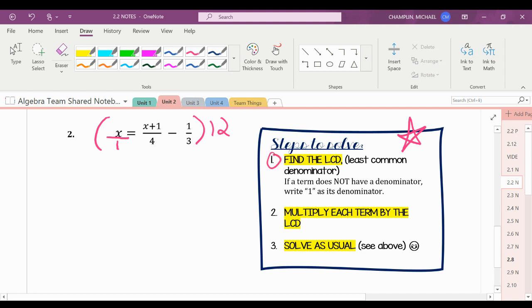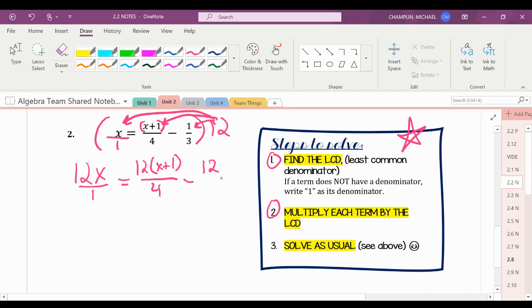So technically, I am kind of doing step 1 and 2 together. I'm going to multiply by 12. I'm going to distribute it just like I've done other ways, right? The only difference now, I'm going to put parentheses around this x plus 1. So now I have 12 times x is going to be 12x divided by 1, which equals 12 times x plus 1 over 4 minus 12 times 1 is 12 over 3. Are we there yet?